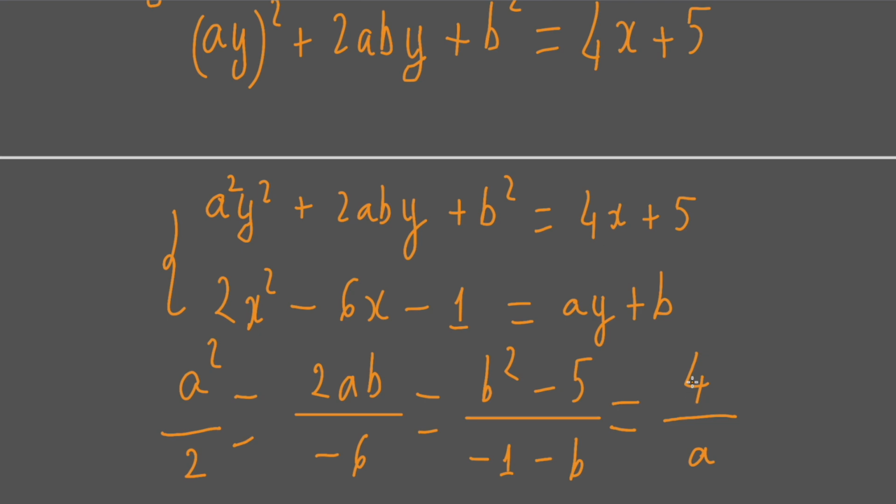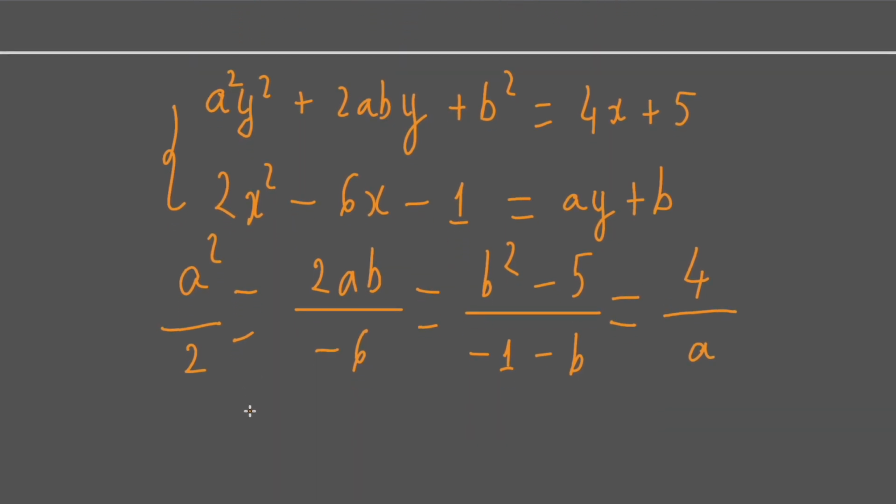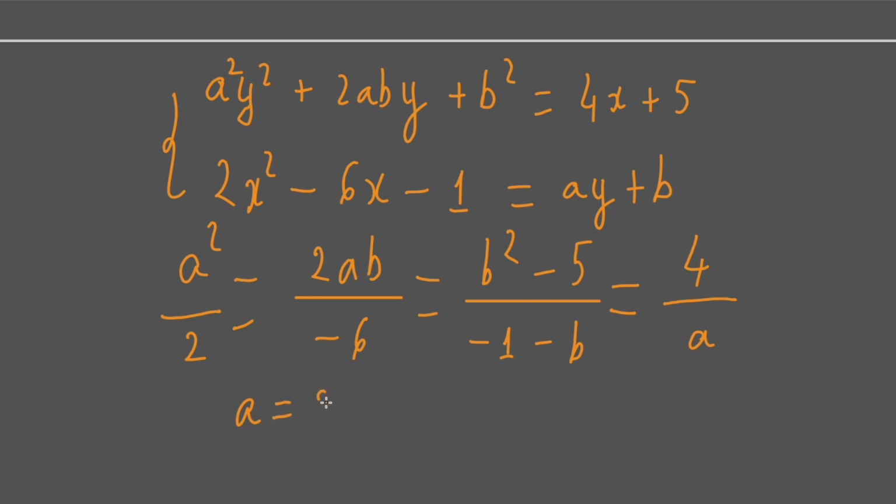Then, based on this series, we can find that the value of a should be 2 and b equal to negative 3.